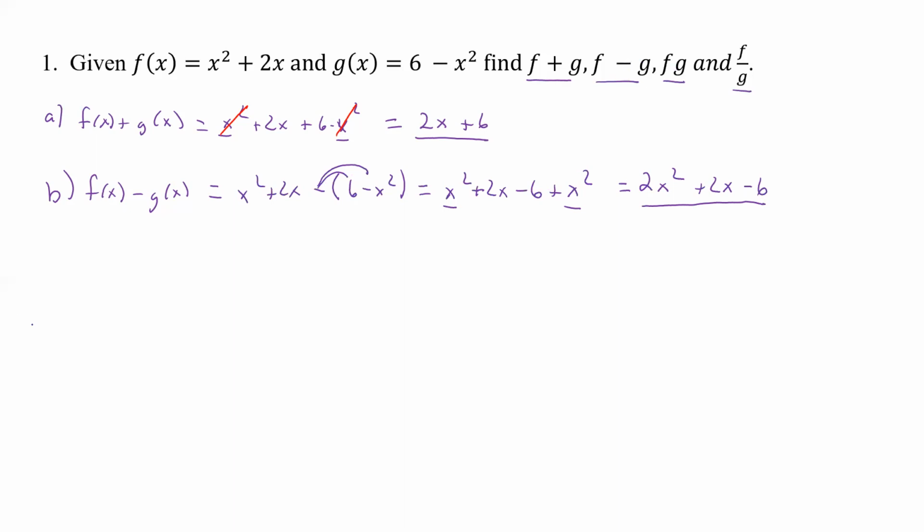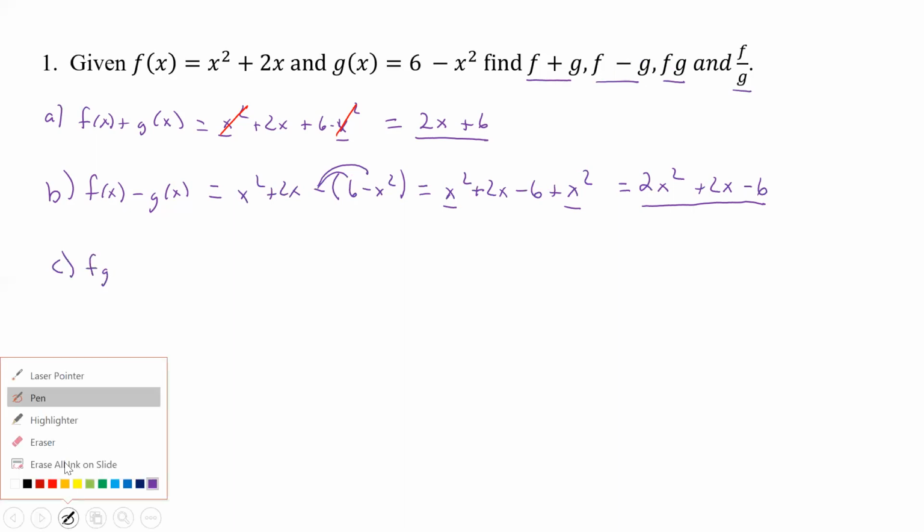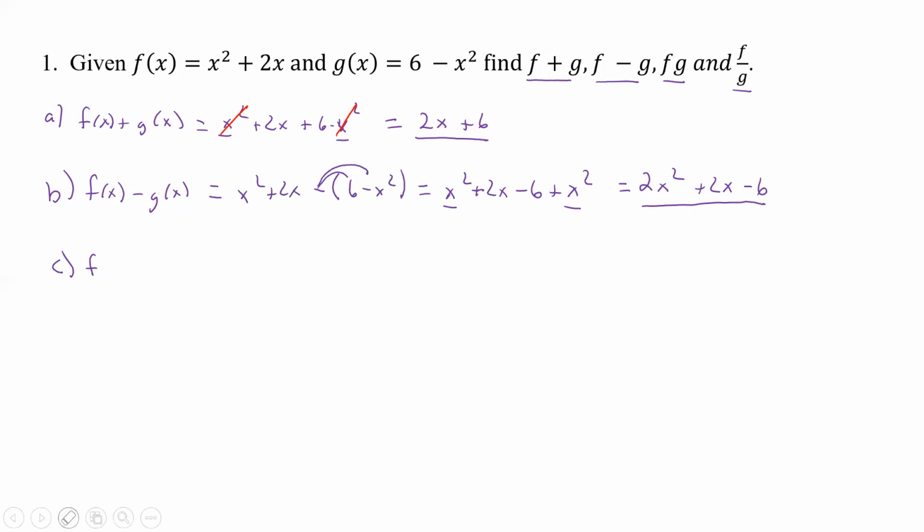All right, what about f times g? That's going to be f of x times g of x, and we're going to write it out the whole way. We're just going to take x squared plus 2x, and then multiply that by 6 minus x squared. And now we just FOIL.